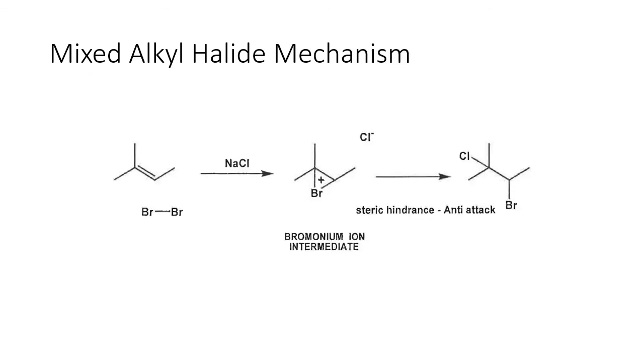Okay, so hopefully by now this mechanism is getting boring because you've seen it so much. On your arrow, you might also see this written as Br2/NaCl. That's another way that people will write it, even though we're essentially using Br2 in step 1 and NaCl in step 2. So our alkene attacks one of our bromines.